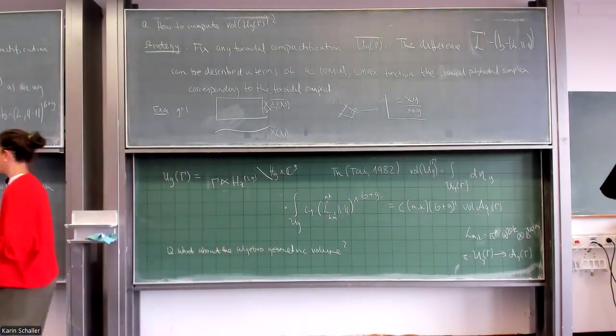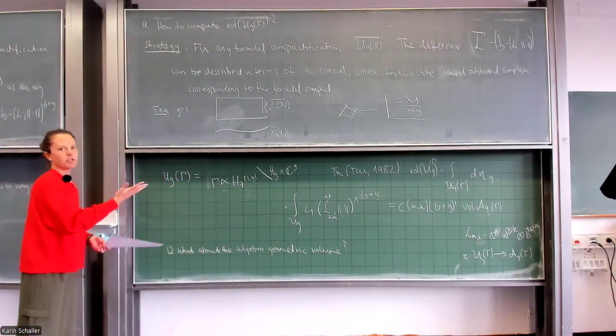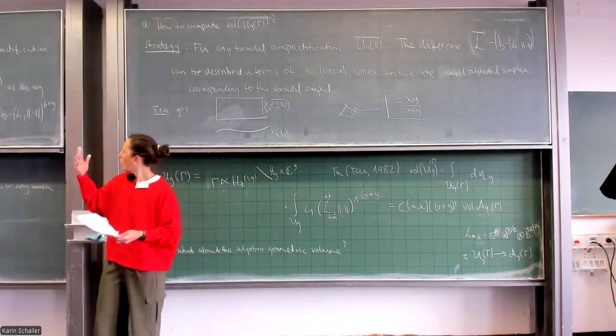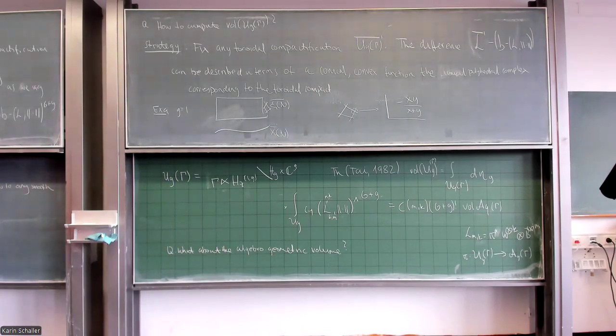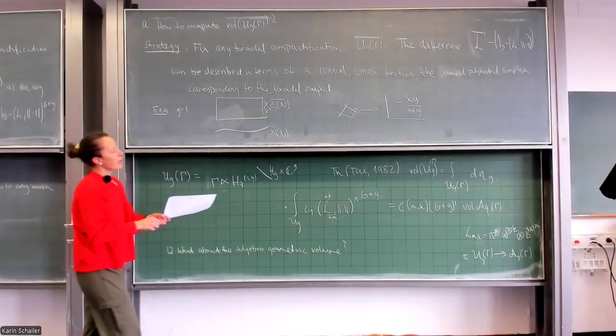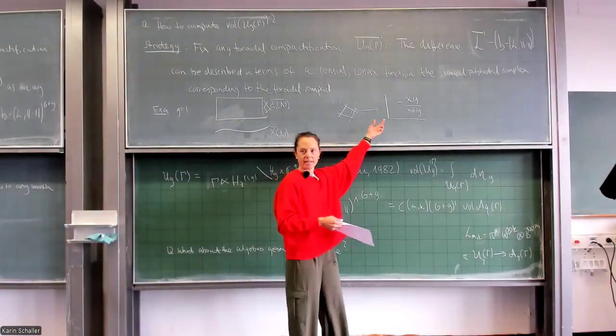In purely combinatorial terms, the reason why you cannot compute the volume on any toroidal compactification, and that you really have to go to the limit, is because this function is not piecewise linear.